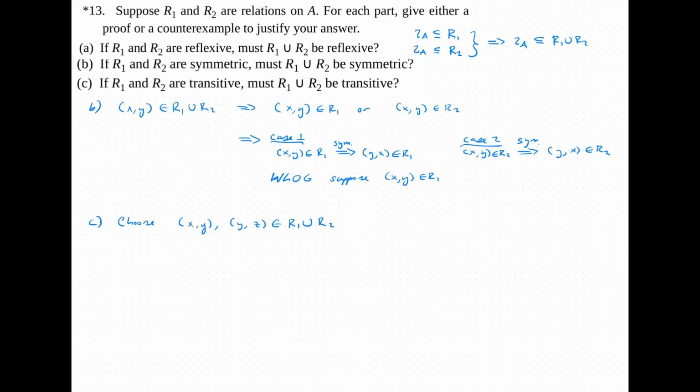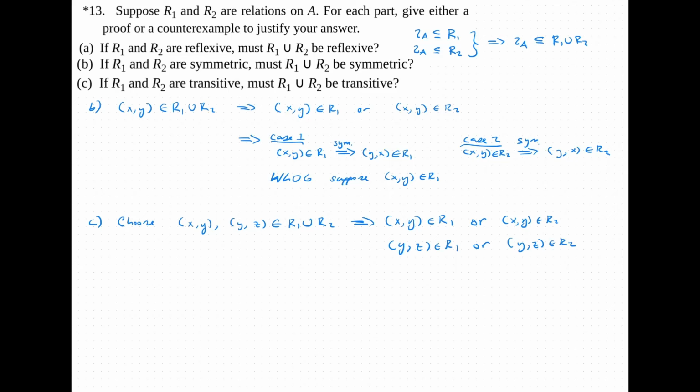Okay, well, as before, this is going to tell us that x, y is in R1, or x, y is in R2. And then similarly, we have y, z is in R1, or y, z is in R2.